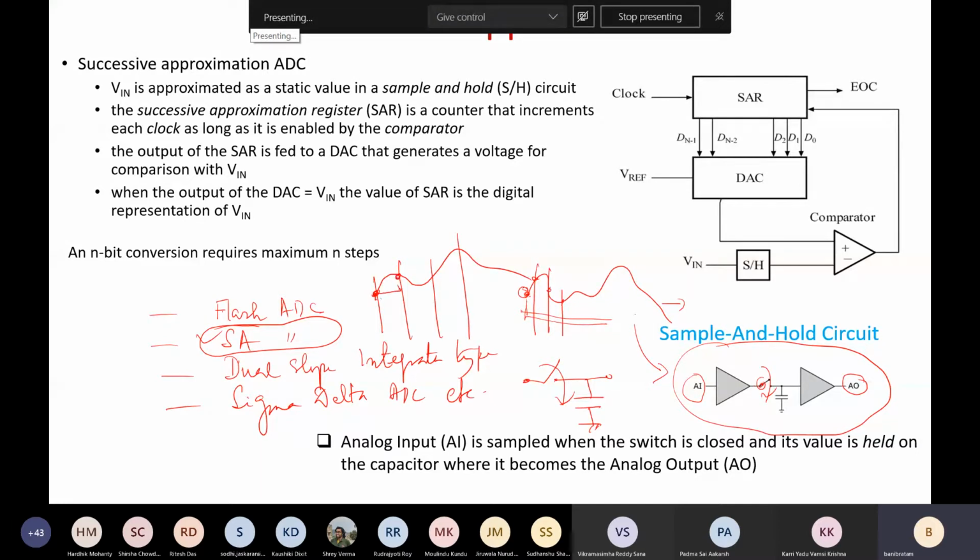Then at this instant it gets some new value, so again it will go to that new value, then again it will hold that data. Then the next value is like this, so it will come to this, and so on.